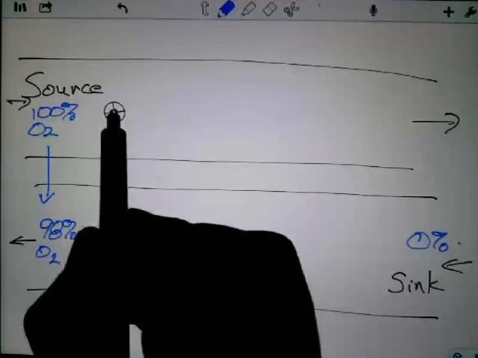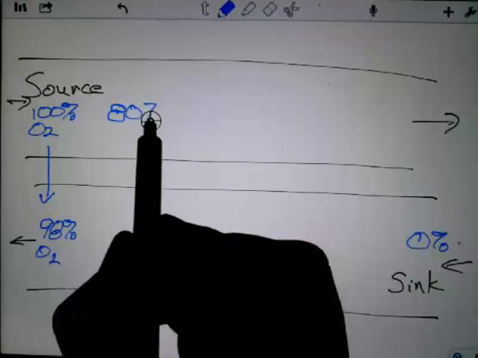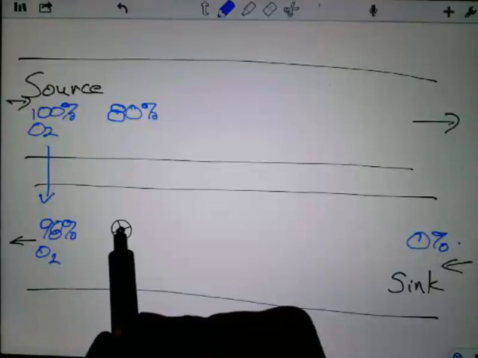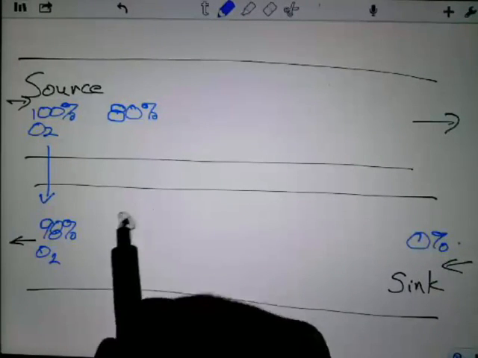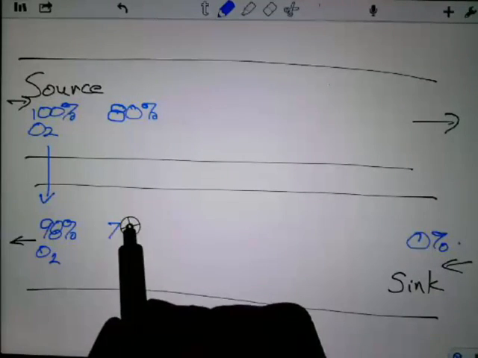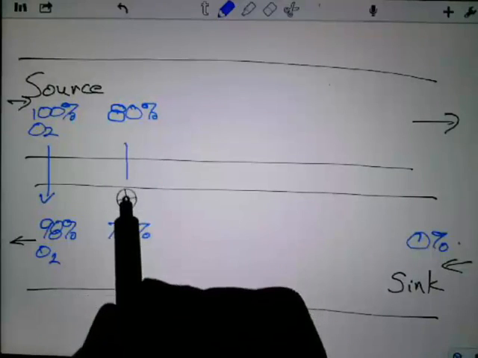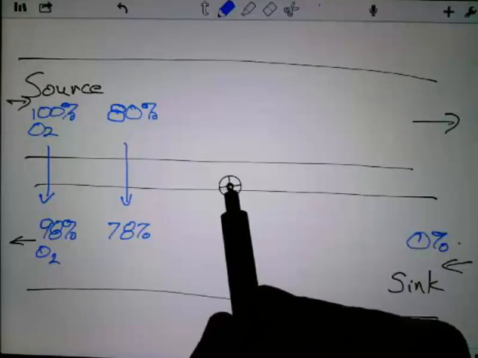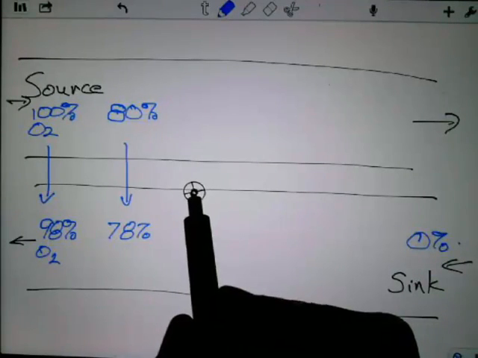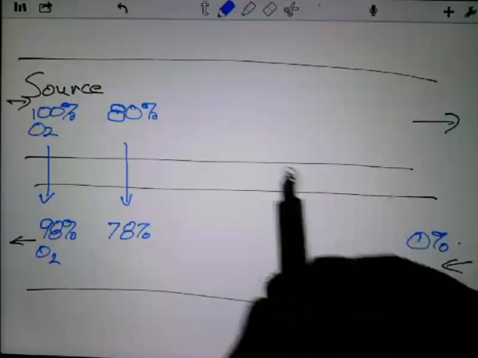A little further along in the source, we'd have lost some oxygen. So let's say we're now at 80%. Down below in the sink, the fluid or blood coming in from the other direction would have gained oxygen, but not as much as at the end, so it's going to be lower. And again, we can predict that oxygen is going to move from where it's 80% saturated to 78% saturated, down its partial pressure gradient.